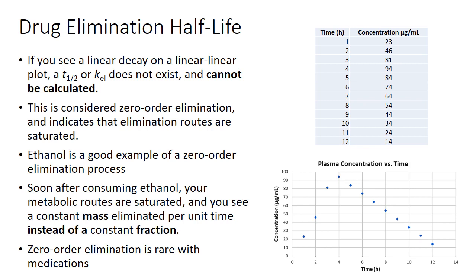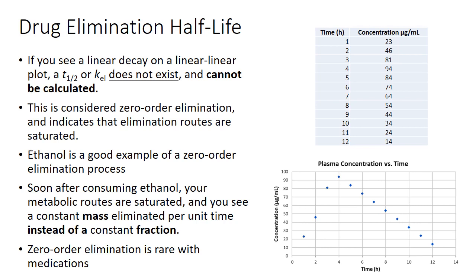Because even though from 4 to 8 it may be cut in half, from 8 to 12 it is not cut in half. It goes from like 55 to 15. So that is not by half-lives, so there is no KEL.